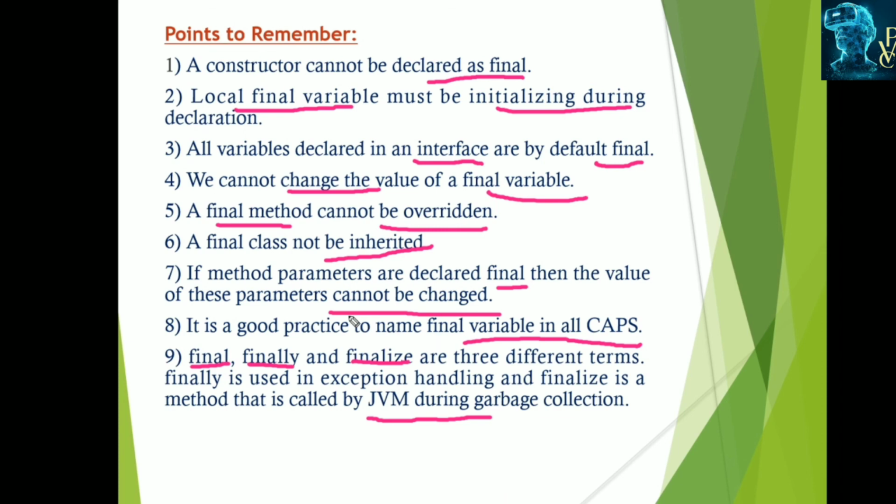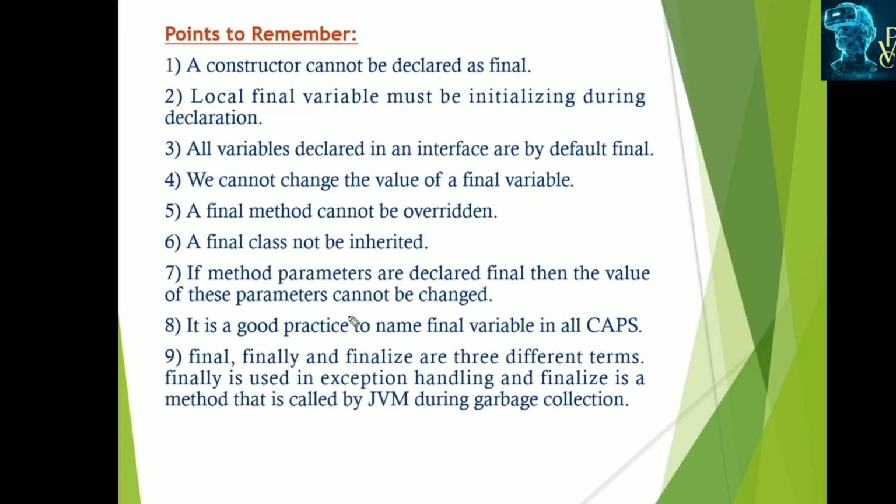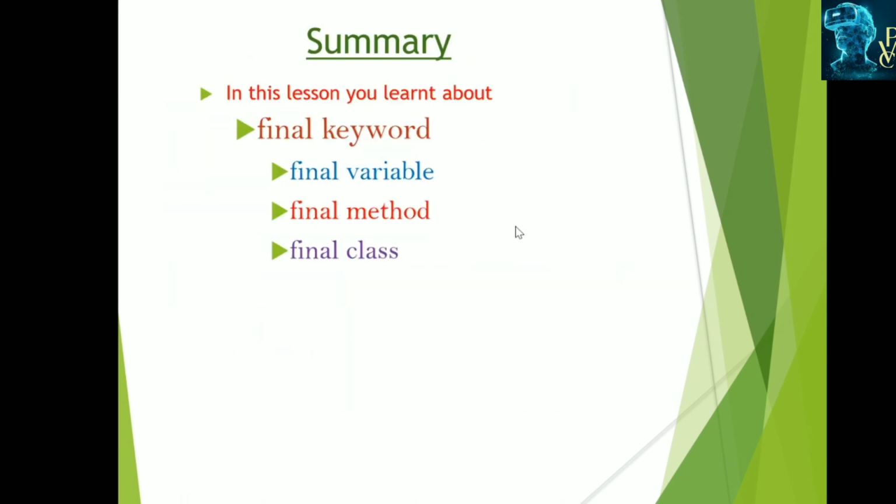These are the points to be remembered when we are using final. Final can be used with variables, methods and classes. So in summary, we learnt the final keyword. Final can be applied for a final variable, final method and final class. Once a variable is declared as final, it cannot be changed.